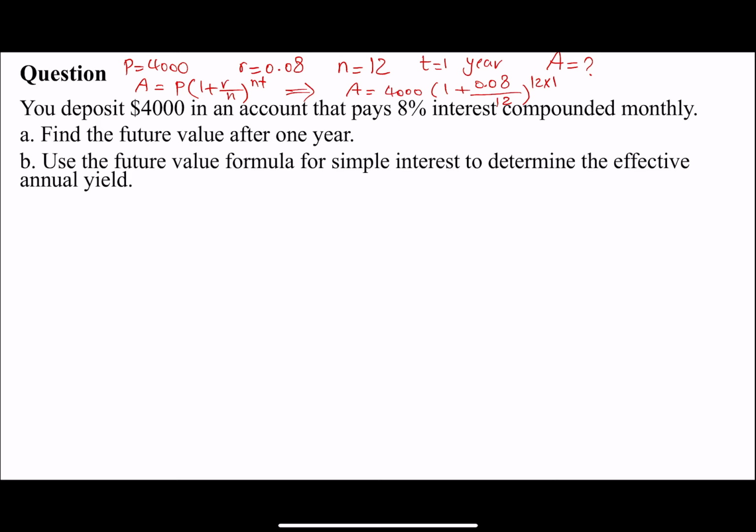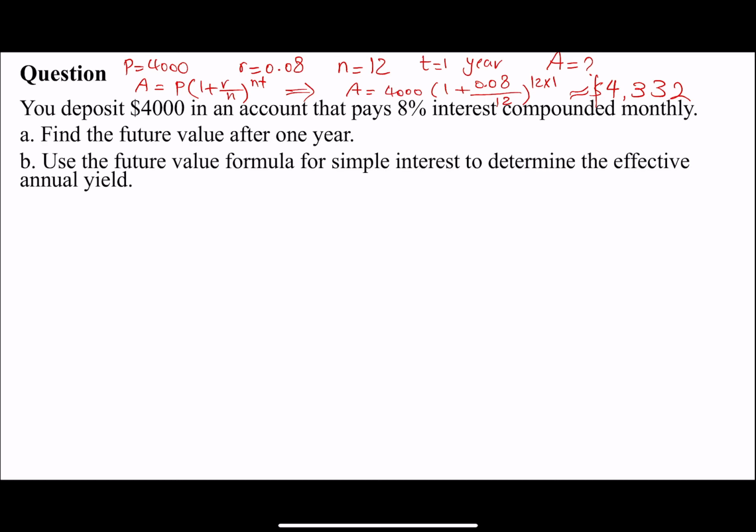Whatever the result is, to the power of 12, the answer, multiply that by 4,000. So I get something around $4,332. Here we go.